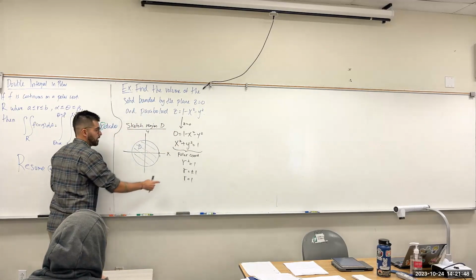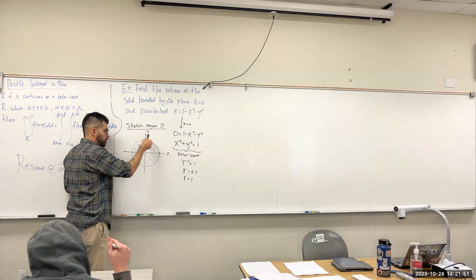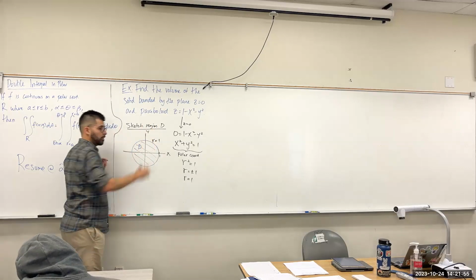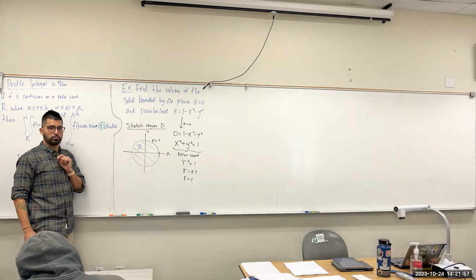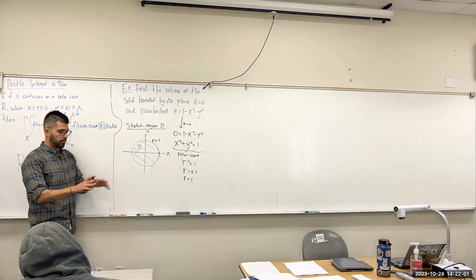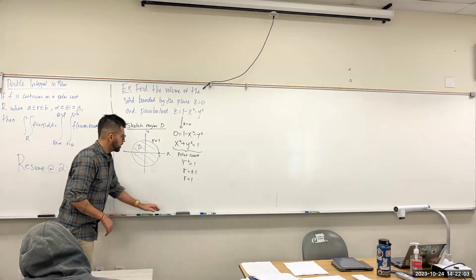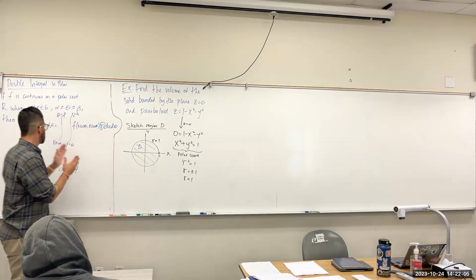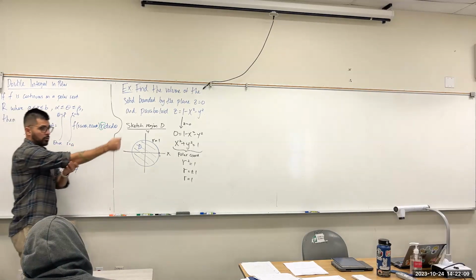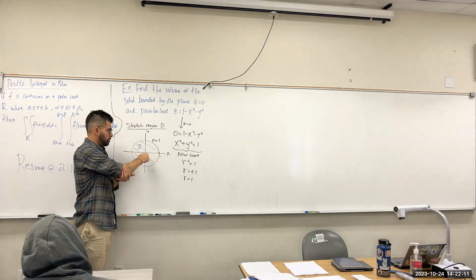So what does that mean? That means that, do you see this, the entire circle boundary? That is the equation of the circle, r equals 1 in polar coordinates. So when you're going to find your bounds for r, your laser always starts at the origin.